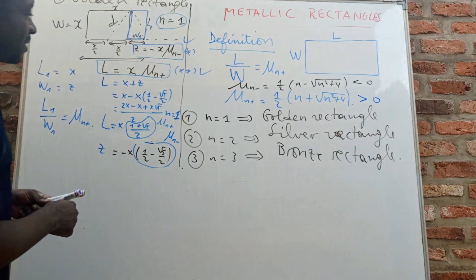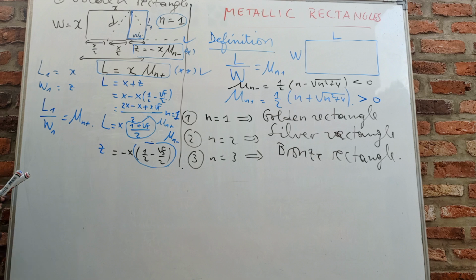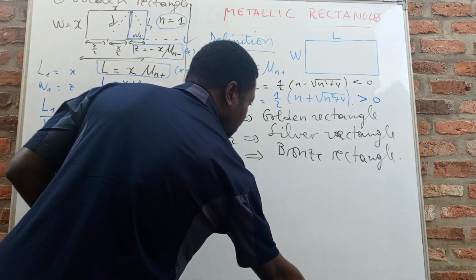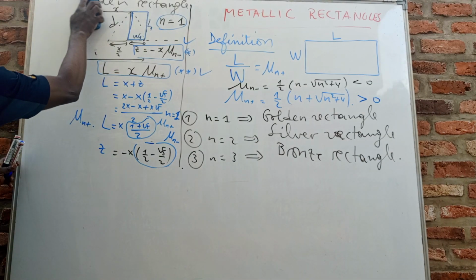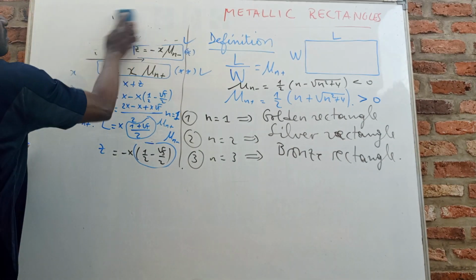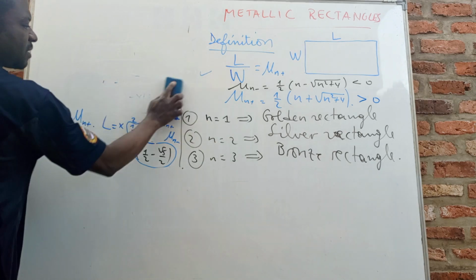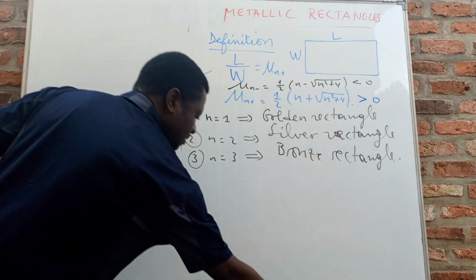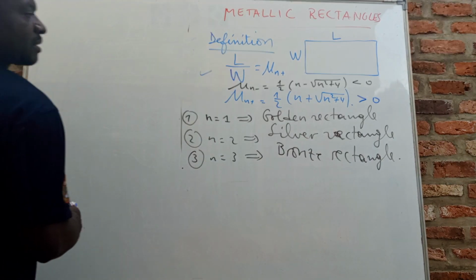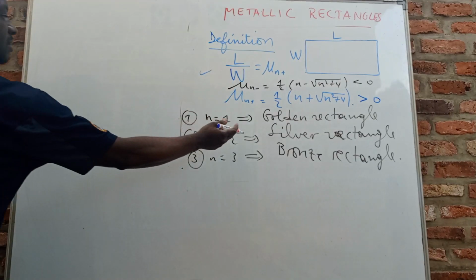Okay, so now let us look at how we proceed for n equal to 2. Most of the time we call that a silver rectangle.